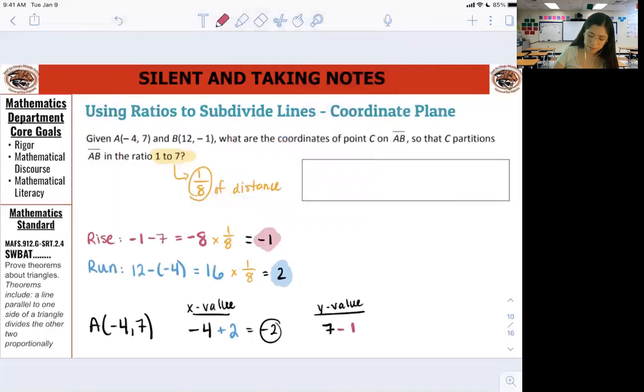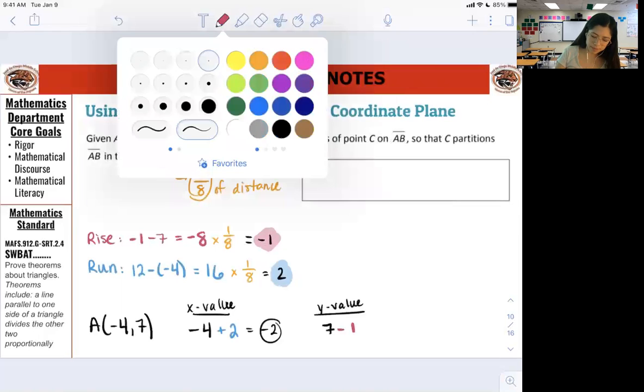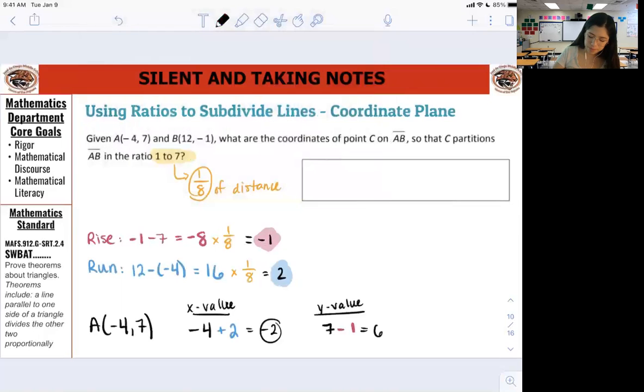Because it's -1 up here, so I'm subtracting 1. So 7 minus 1 gives me 6. All right, so there it is. There is my new coordinate point for point C: -2, comma 6.